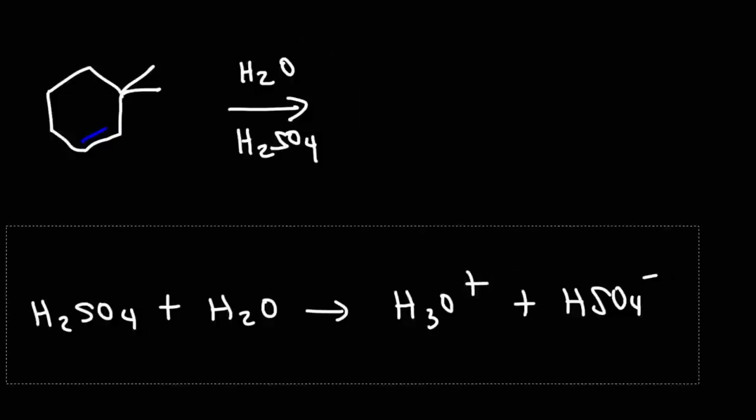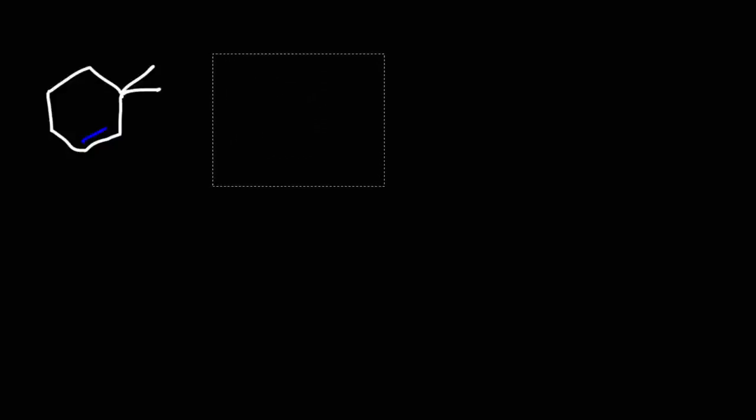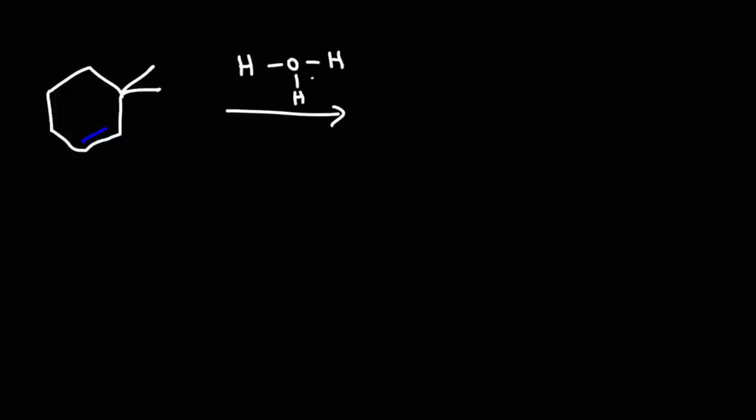Mixing an alkene with water and sulfuric acid is equivalent to reacting it with H3O plus. Now the first thing that's going to happen is the alkene is going to react with a hydrogen in H3O plus.